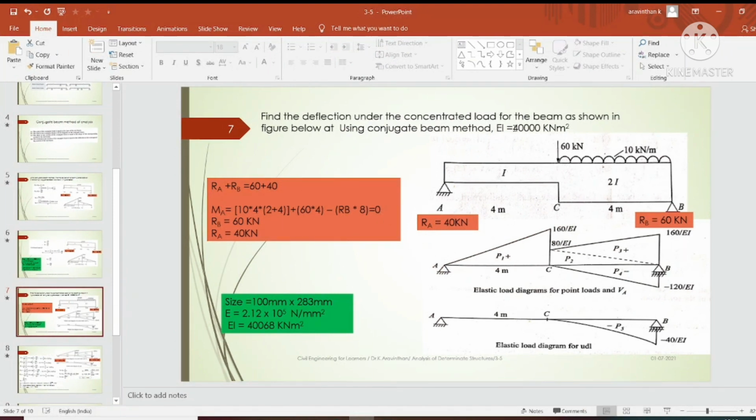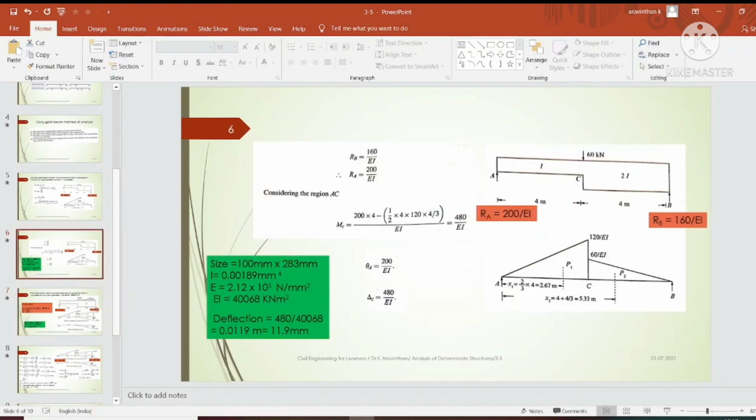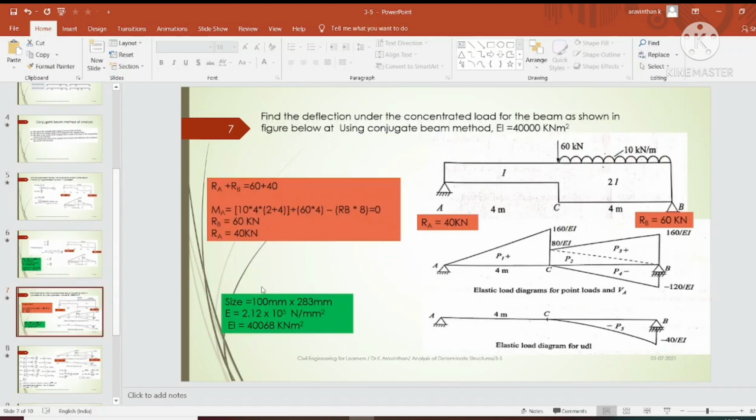What we have taken in the given data is 40,000 kilonewton meter squared as our flexural rigidity, that is EI. For this problem, I have taken the same property, and the EI is nearly the same: 40,068, and 40,000 is the given data.